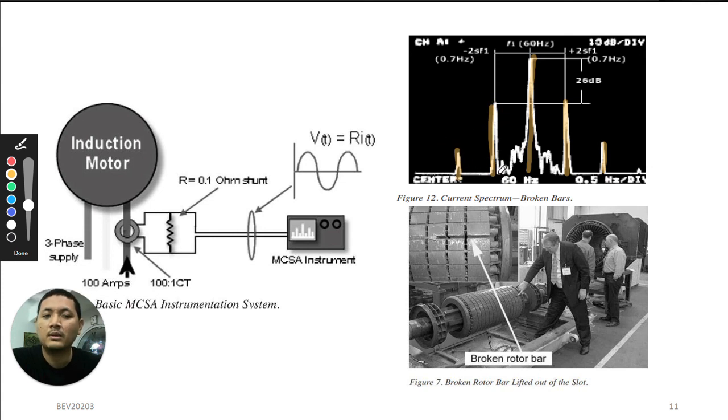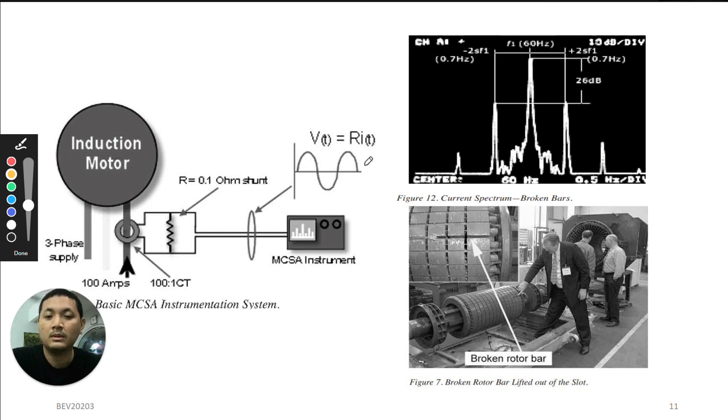Multiple signals which are combined to give us one signal in time domain. The good thing about this is, if we look at frequency domain, we can actually analyze the problem of the motor, because certain frequencies can indicate the problem with the motor.